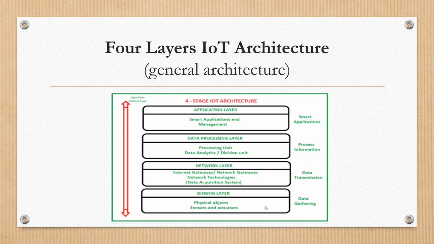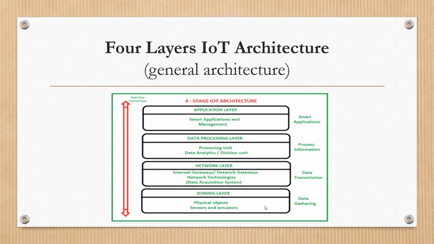It forwards the data from the sensing layer to the data processing layer. The data processing layer is the third layer of the IoT architecture that does data processing and data analytics. It also provides data security, data privacy, and so on.